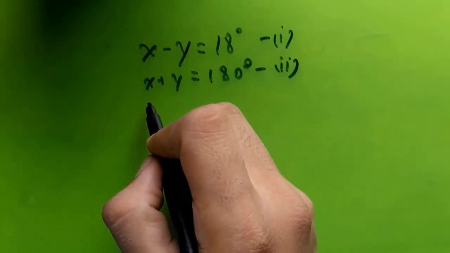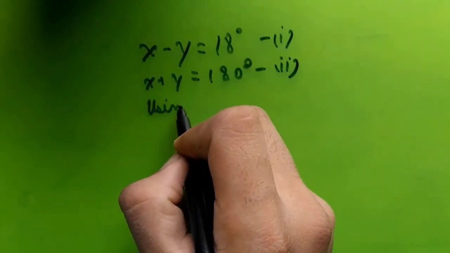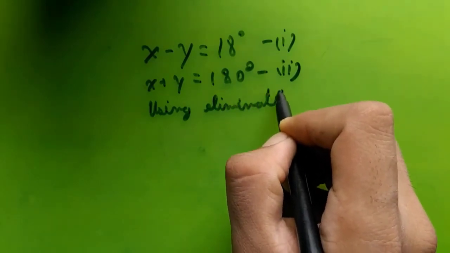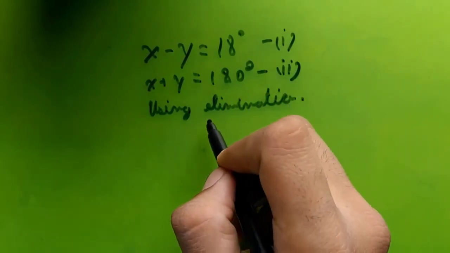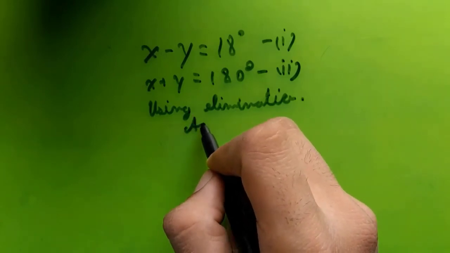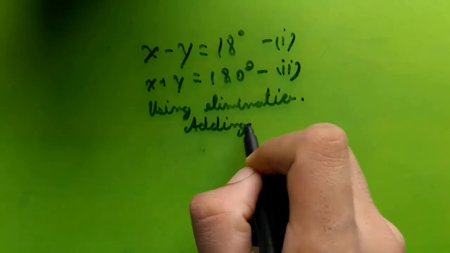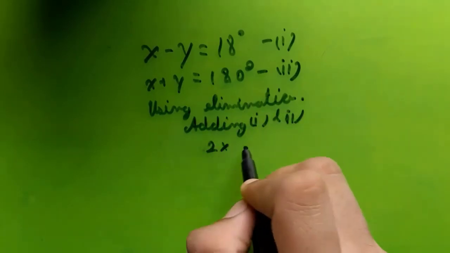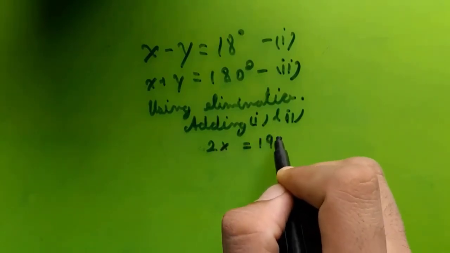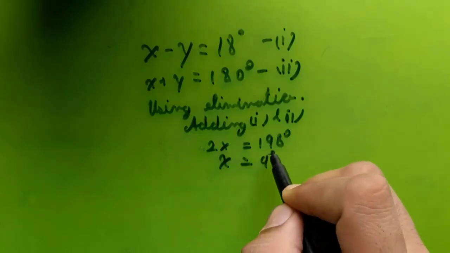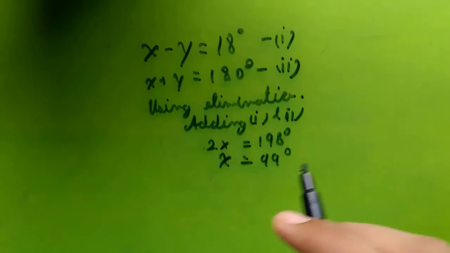By using the elimination method, we are adding both the equations, adding 1 and 2 to get 2x equal to 198. Therefore, x will be equal to 99 degree.